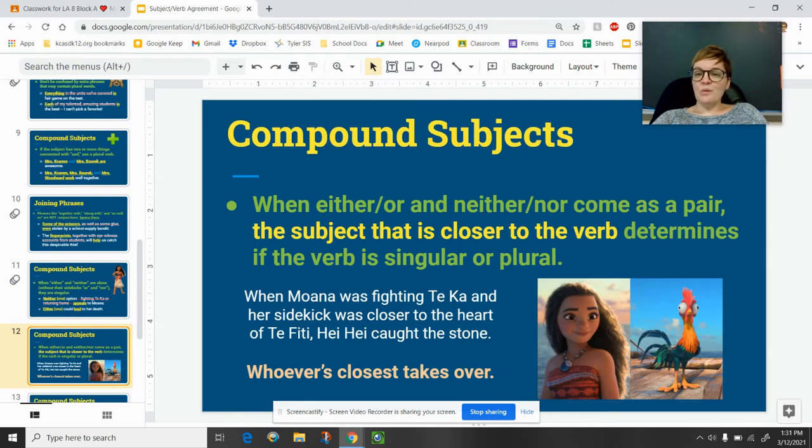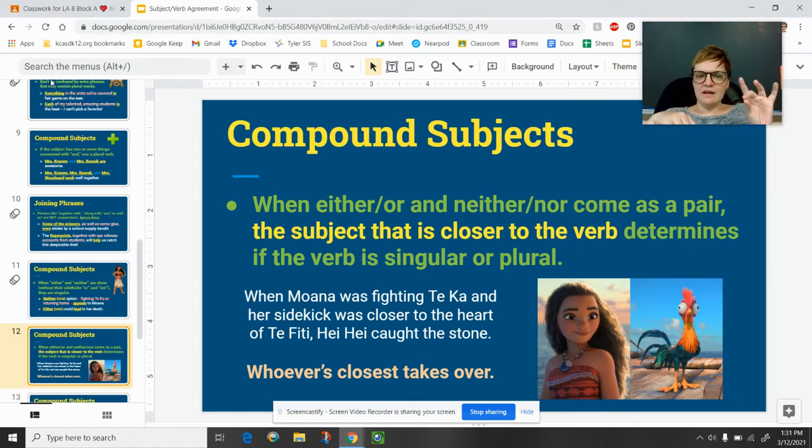However, when they come with a sidekick, when they come as a pair, whichever subject is closest to the verb is the one that determines whether or not it's singular or plural. So a silly way to remember this, we were talking about Moana up here. So Moana and Hei Hei is her sidekick.